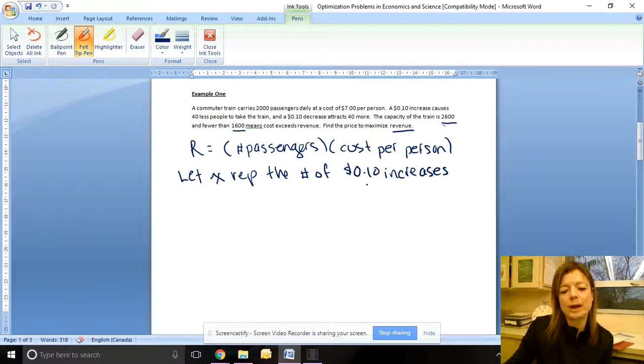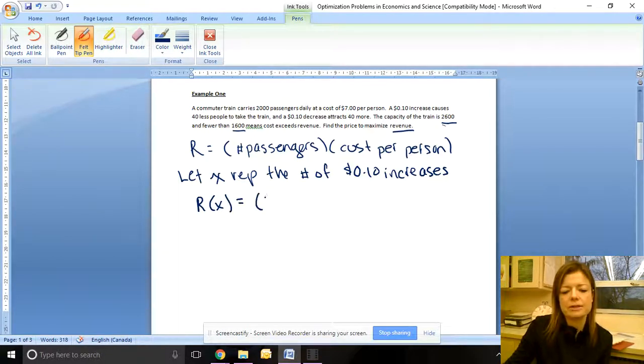So if X equals 1, that means our cost is $7.10, not $8, be careful. And that our passengers would be 2,000 minus 40, so 1,960 passengers. Okay, so now let's represent each of these in terms of X. So our revenue with respect to how many times we're changing the price.